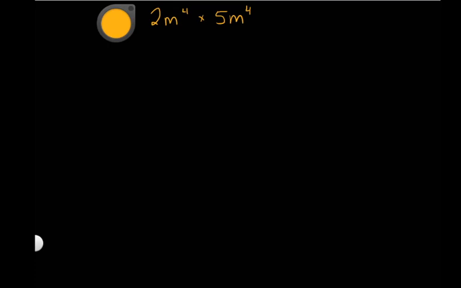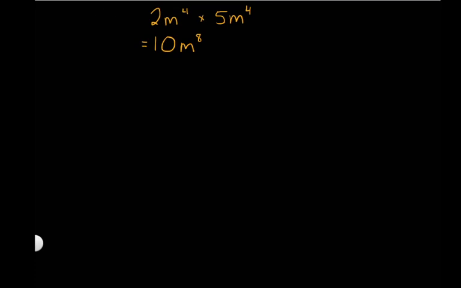So I'm going to multiply these two numbers. 2 times 5 is 10. Now I have to look at my exponents. Because I'm multiplying here, remember the exponent laws say that we have to add our exponents. So 4 plus 4 is 8. So I'm going to have 10m to the power of 8, and that's my answer.